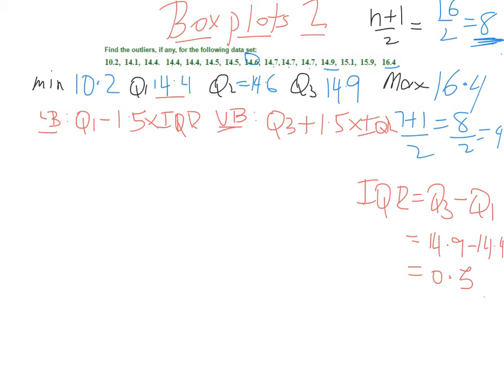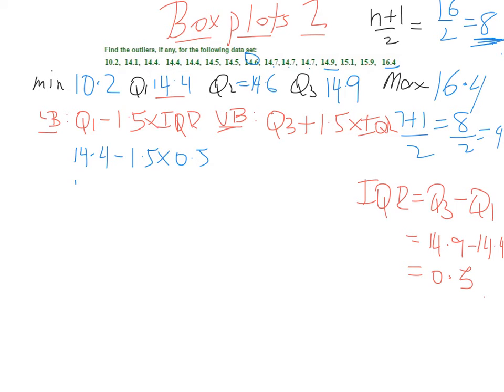So now, for the lower boundary, we just substitute some numbers. Our lower boundary is Q1, so it's 14.4 minus 1.5 times 0.5. Let me bring up the calculator just to make sure I'm getting this correct. 1.5 times 0.5 is 0.75.